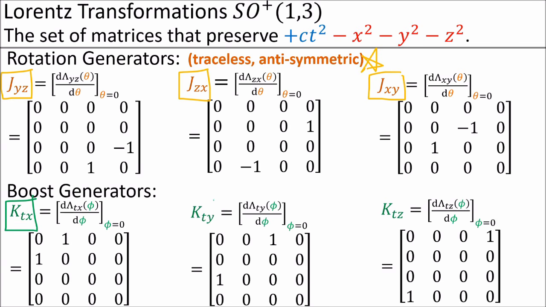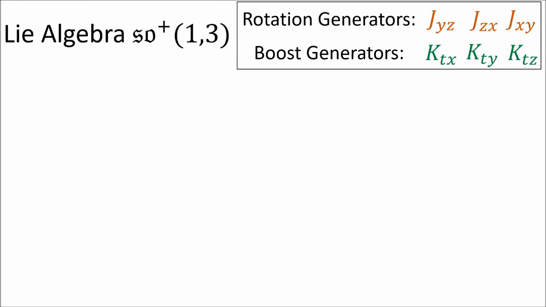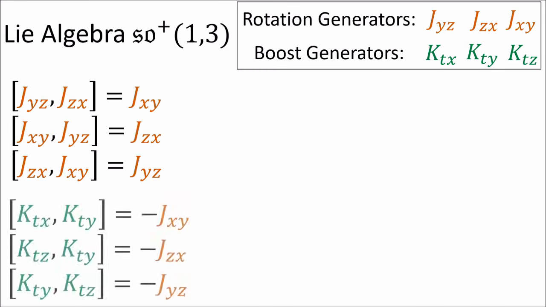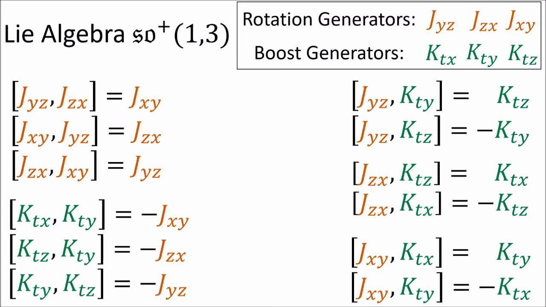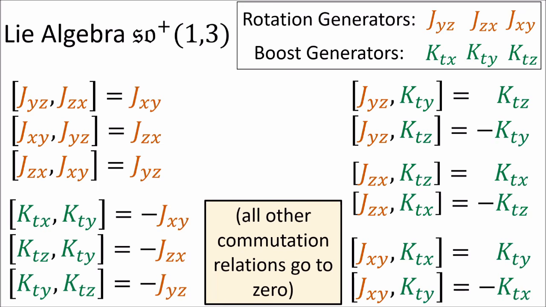The boost generators, denoted with K's, are traceless and symmetric. These 6 generators form a basis for the Lie algebra SO plus 1, 3. We can also work out the commutators for these matrices to get these commutation relations here. This is the Lie bracket rule in the SO13 Lie algebra.